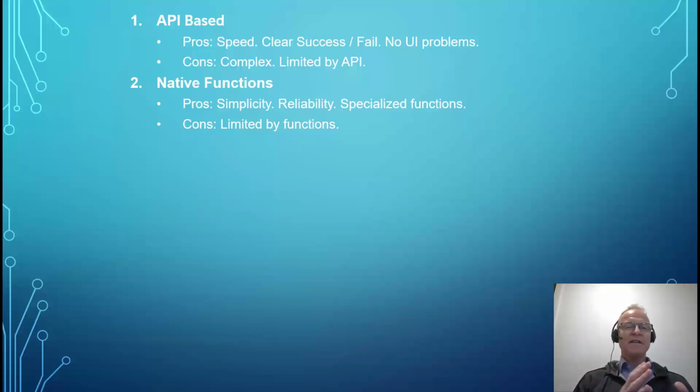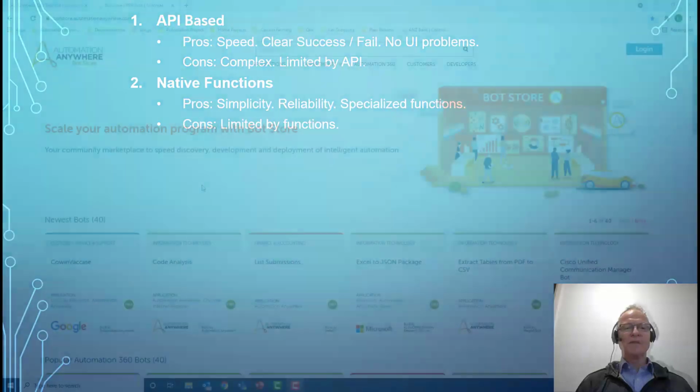Now, these native packages have specialized functions that enable you to do things in much fewer steps. That makes them simple and therefore more reliable when building your automations. So look for any native functions. The only downside of this sort of approach is only certain applications are handled by these, and within those particular packages of actions, there's a limited number of functions that are available. So it depends on the particular application you're looking to automate.